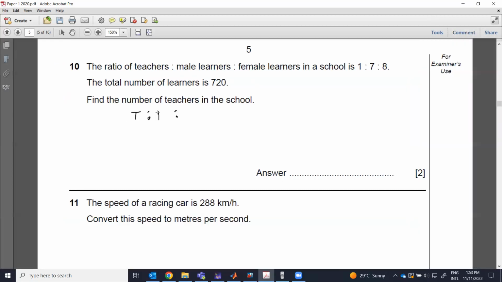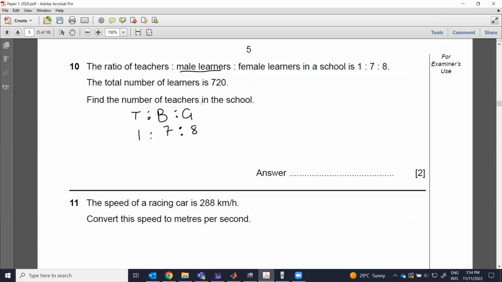We have the boys, so it's the male learners first, and then the girls, and this ratio is 1 to 7 to 8. And then we are told that the total number of learners is 720.